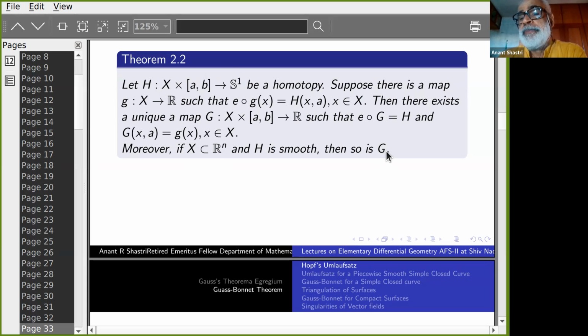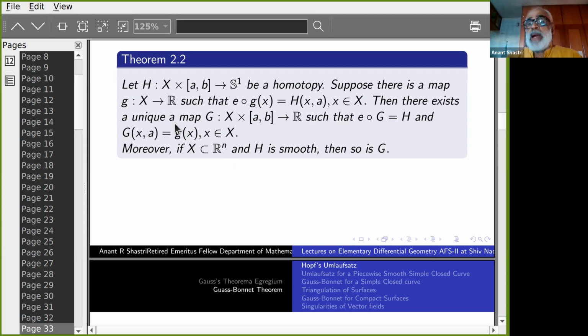Smoothness comes only when you take some manifolds, which you may not know, or a subset of Rn. Then functions are defined on a subset of Rn, and you can talk about smoothness. Rn cross [a, b] is also a subset of some Rn plus 1. So this is the statement.